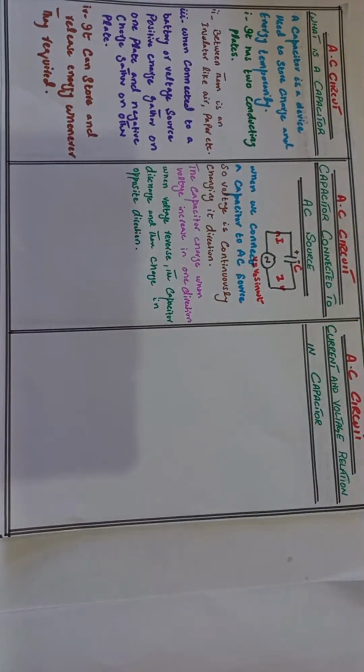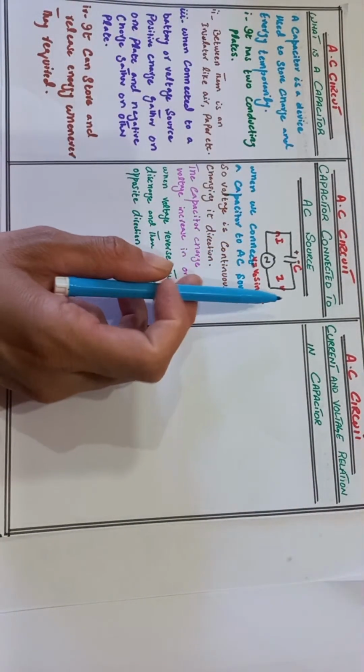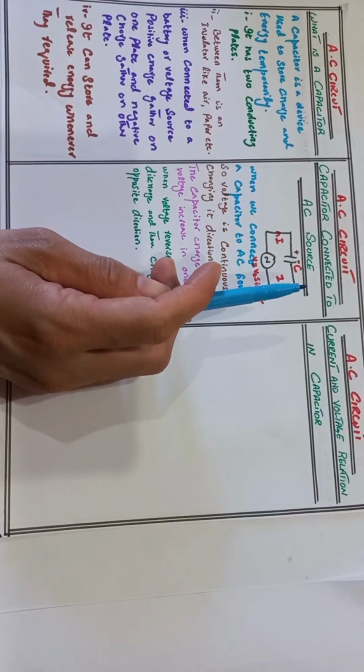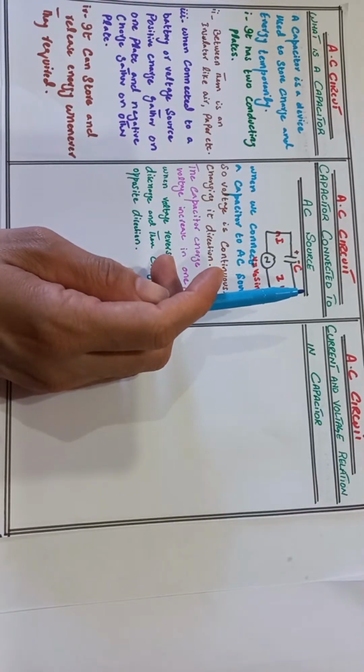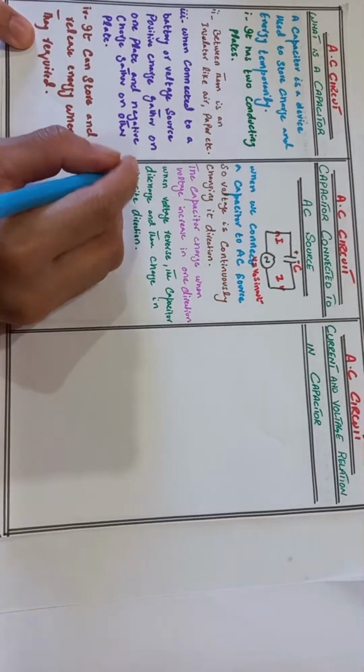So in every cycle of alternating current, the capacitor keeps charging and discharging. Basically, we discussed that when we apply an alternating source, the capacitor keeps changing its direction. It keeps charging and discharging when connected to an alternating source.